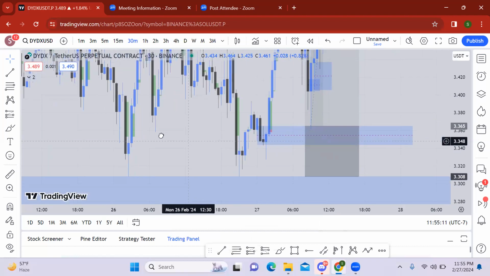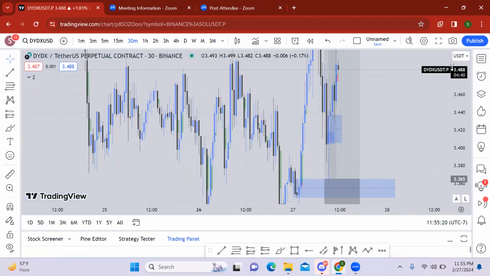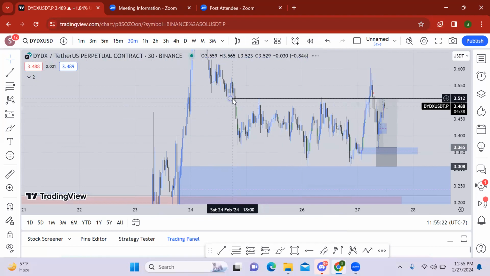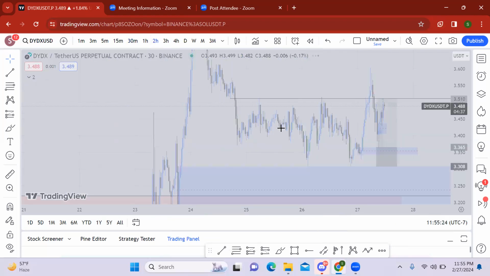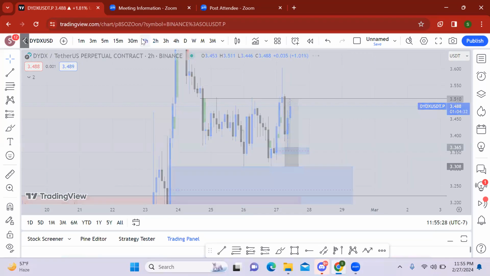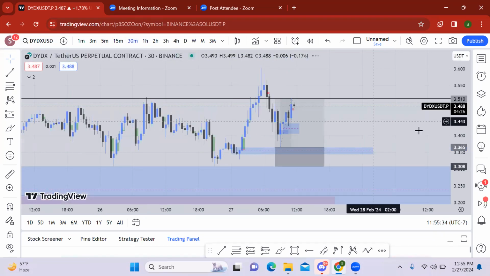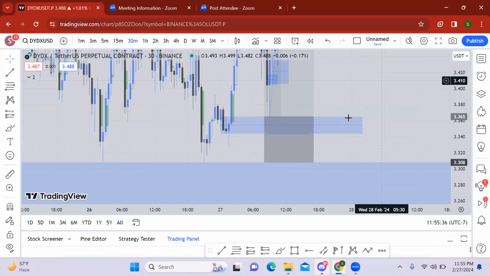Equal lows created, yes, but again after creating equal lows, lower high, higher low, and higher high. Structure shifted, order block created here, and I had a target of this. This is H2 supply here, at 3.510. This one, yes. So back to 30 minutes, structure shifted. Then I marked my order block.